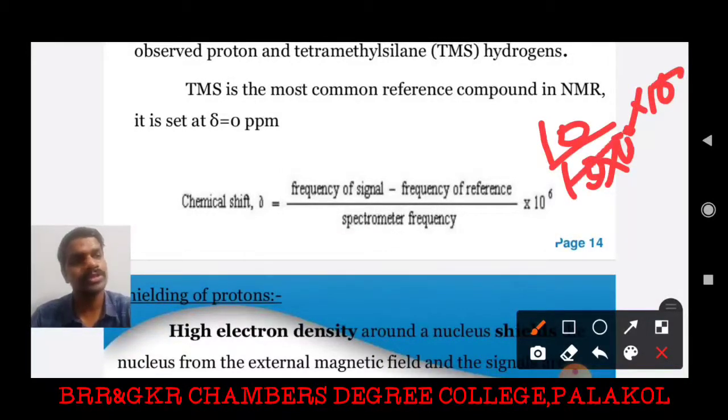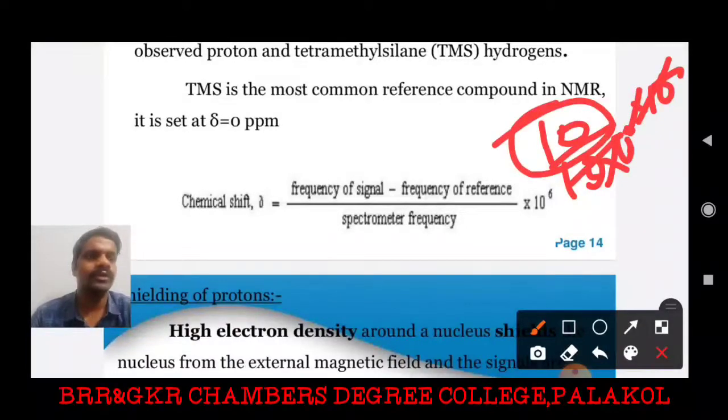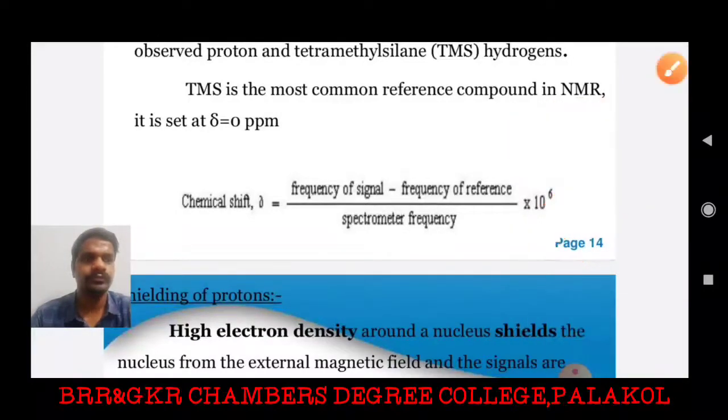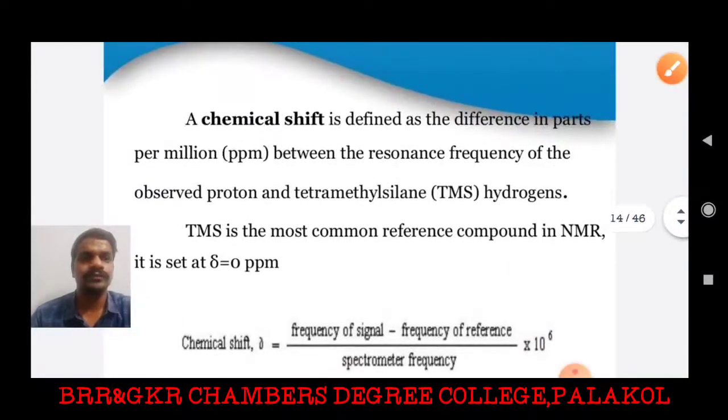The powers of 10 cancel, and the chemical shift value is equal to 1. So this is the chemical shift determination and definition.